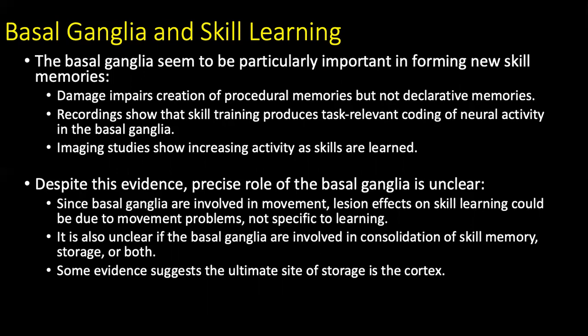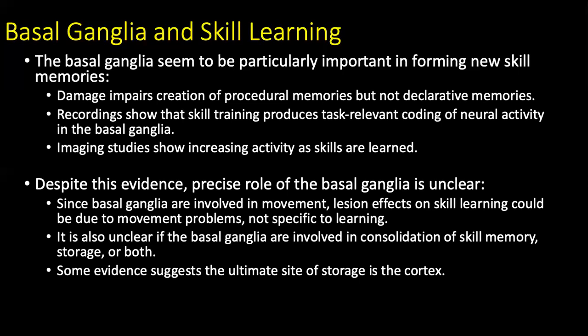The basal ganglia is also really important in general in learning movements. And so the lesion effect in at least some studies could just be related to general movement problems and not specific to learning. So some studies have really tried to tease this out, but it's a little bit up in the air, right? And it's really also not clear whether the basal ganglia is involved in consolidation of skill memories, storage, or a little bit of both.